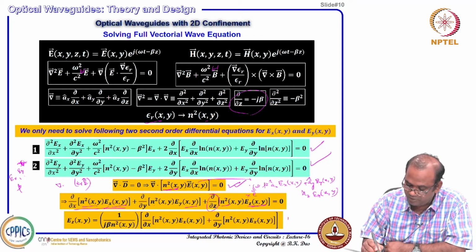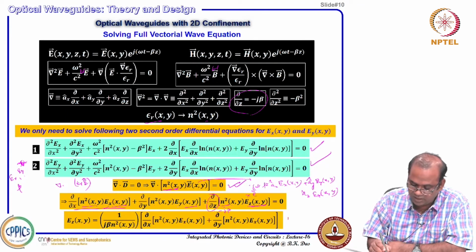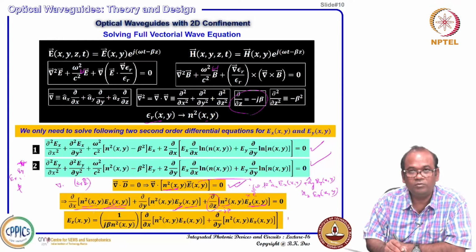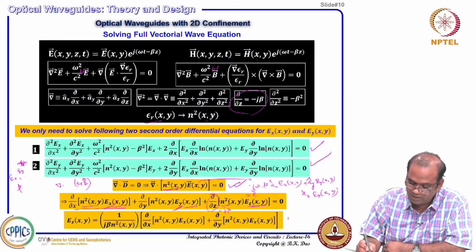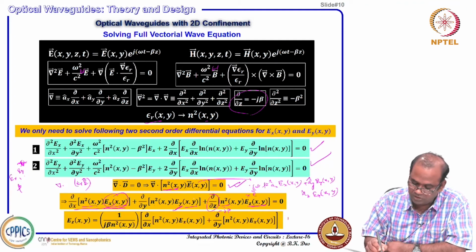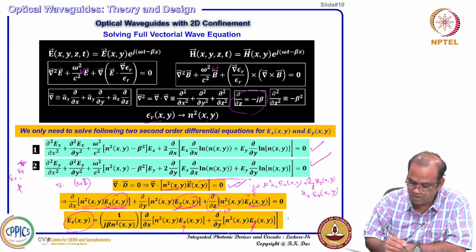So, here, considering minus j beta times n square and Ez(x,y), that means I can find Ez(x,y) in terms of Ey and Ex, with n square(x,y) known. At every point I have Ex, this value is known, and of course beta is known, minus j beta. So, Ez(x,y) will also be known from this expression. At every coordinate, you just insert the value of the Ex component and the Ey component, right. This is the x component, this is the y component, and so you get to know what Ez is.